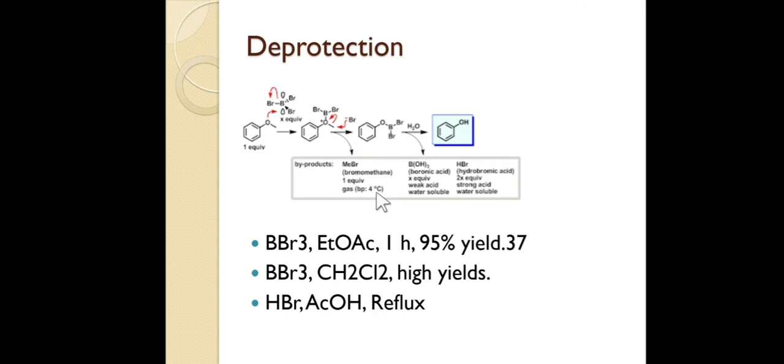There are so many methods which have been developed for the efficient demethylation of phenols or alcohols. So this is how we are methylating and demethylating OH functional groups.